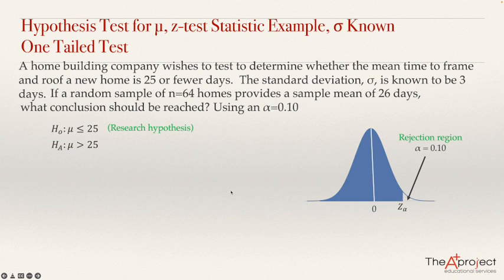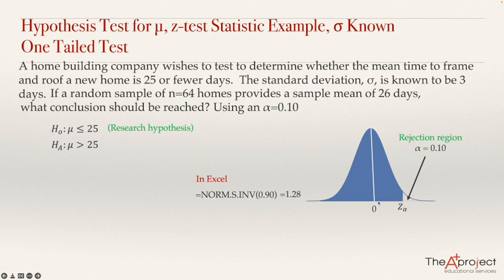Because what I have here is Excel, I'm going to use Excel, and in Excel you type equal NORM.S.INV of 0.90. Let's type it here: NORM.S.INV, open bracket, 0.90. Press enter and Excel is going to tell you the number 1.28.